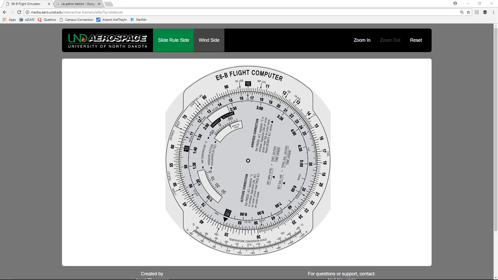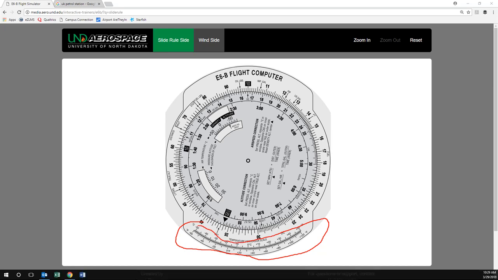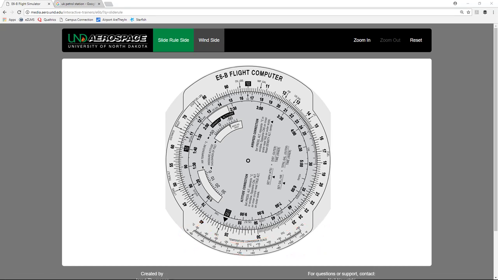Okay, last conversion I'm going to show you how to do is with temperature. This is super duper simple. There's no spinning of anything even required here. So we are just using the temperature conversion scale right here along the bottom of the E6B. So let's say we wanted to convert 30 degrees Celsius to Fahrenheit.